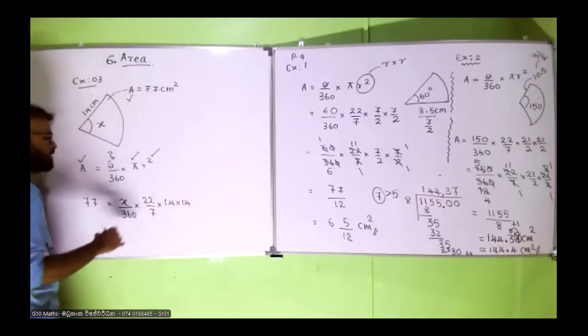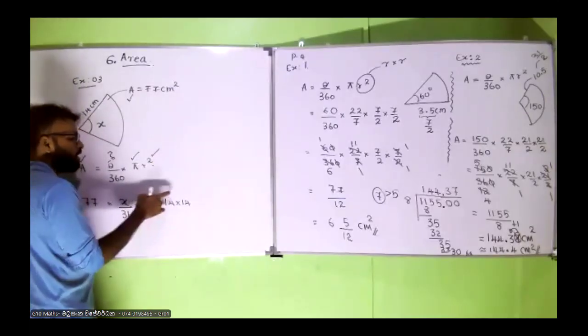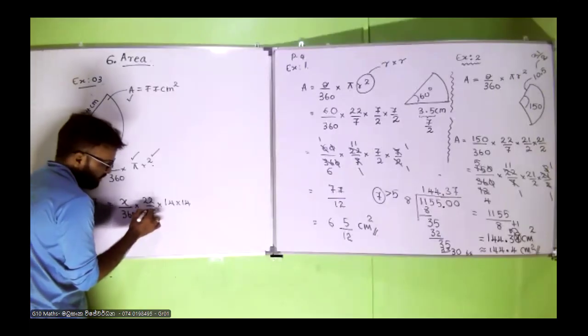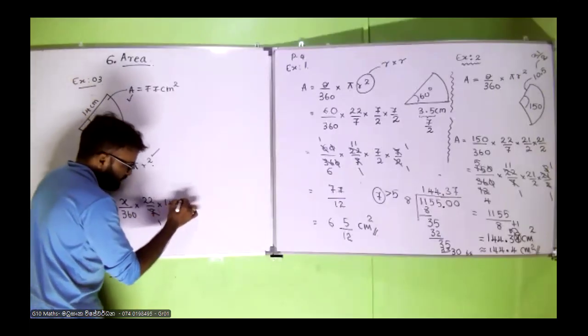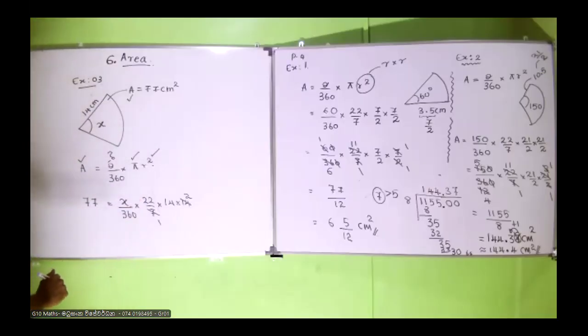I am not going to simplify this; instead of r squared, I am substituting 14 into 14. So simplify: 7 times 1, 7 times 2. Done.